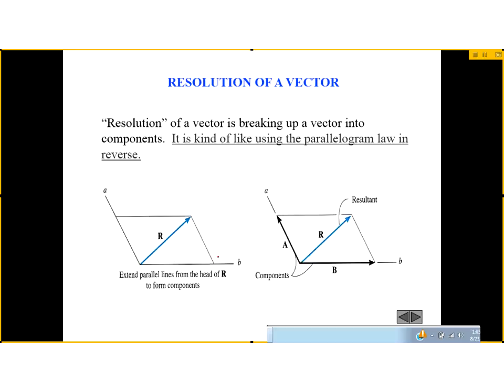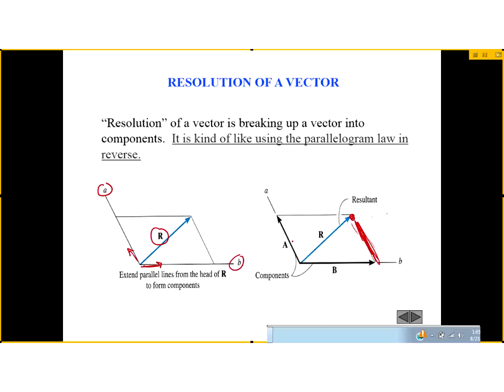Like this lowercase b direction, or this lowercase a direction, are considered vectors. And you could think about, well, how could we represent this r vector in terms of the b and the a directions? And you can see that it's pretty easy to imagine a parallelogram. Again, you would take the tip of your r vector, which is right here, and extend towards the b-axis by traveling in the a direction, or the minus a direction, right?